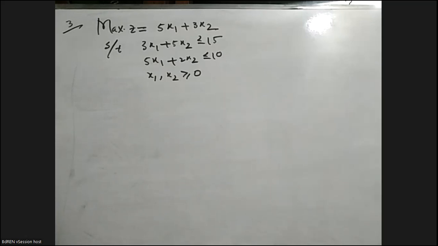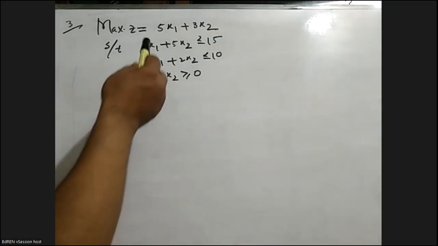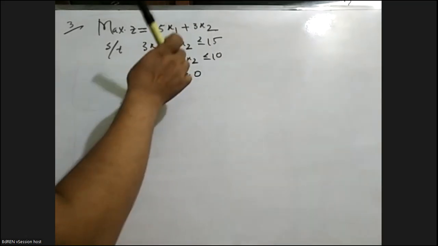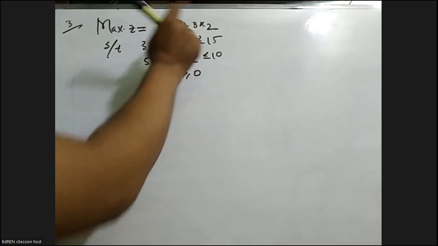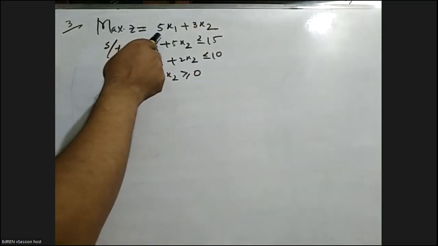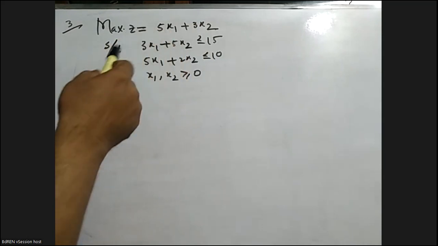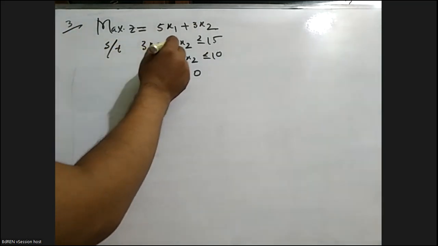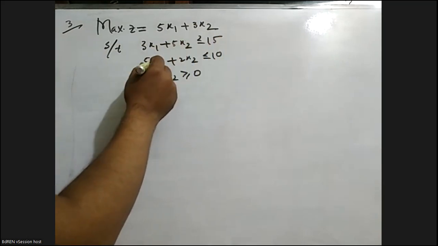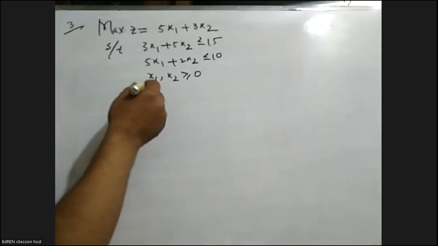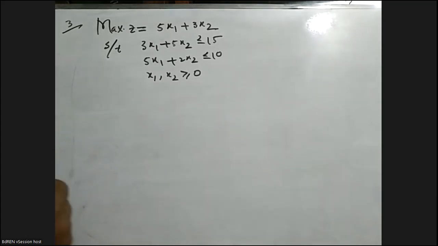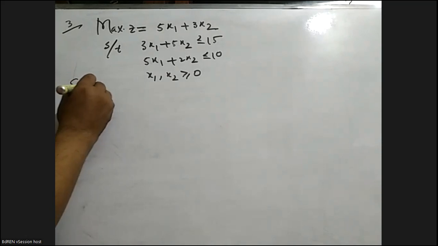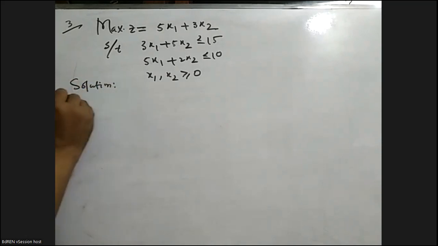Now problem number 3. The decision variables are denoted by x1 and x2, that means the x variable and y variable. Maximize z equals 5x1 plus 3x2 subject to 3x1 plus 5x2 is less than or equal to 15, 5x1 plus 2x2 is less than or equal to 10, and x1 and x2 are non-negativity restrictions. So the solution will be like this.